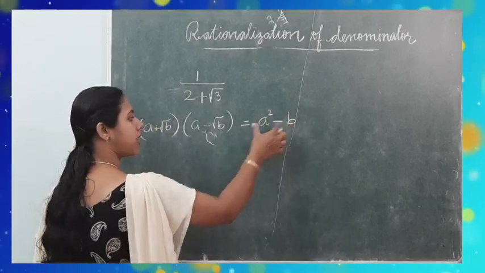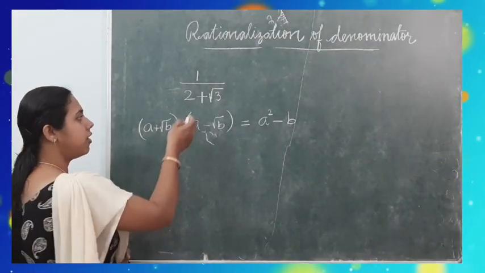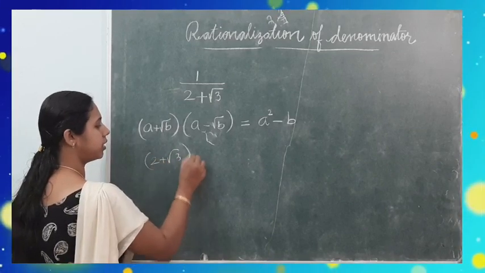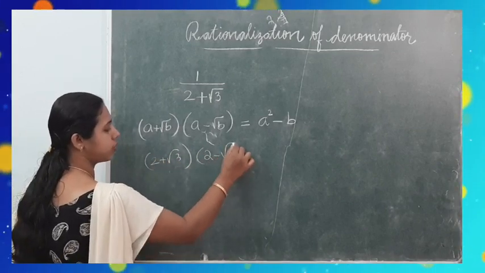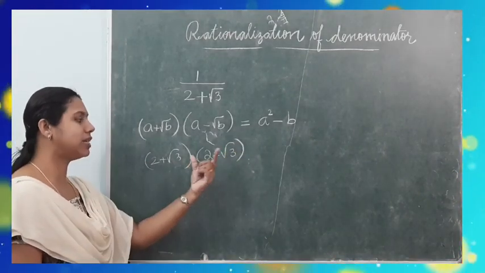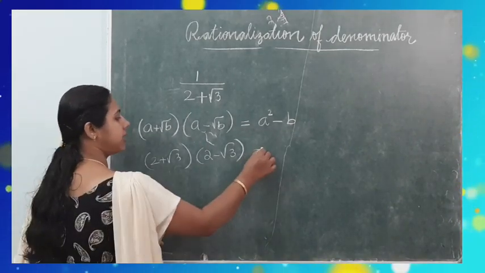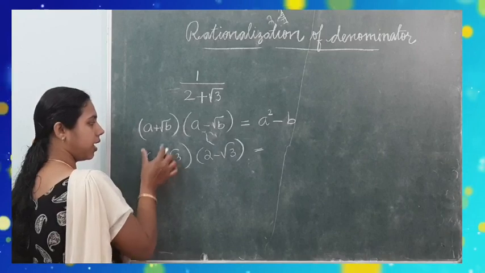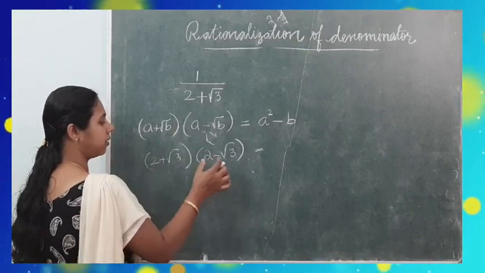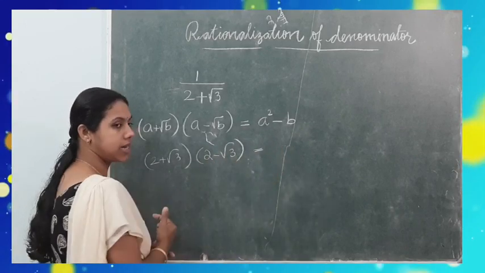Here a square minus b is a rational number. So if you multiply 2 plus root 3 into 2 minus root 3, is it in the form of this identity? So a plus root b into a minus root b is equal to a square minus b.